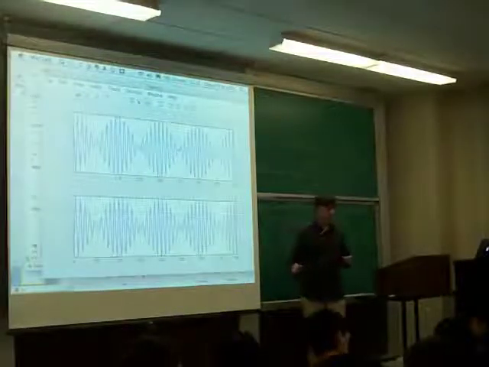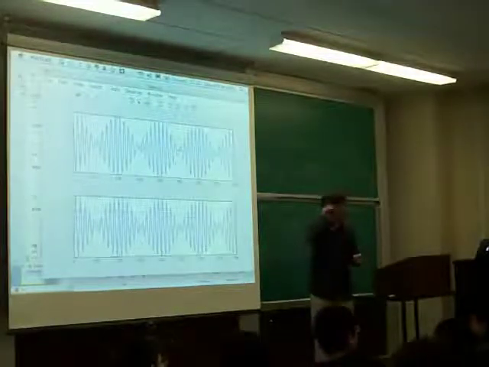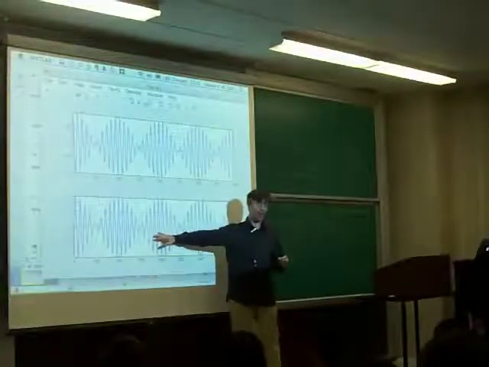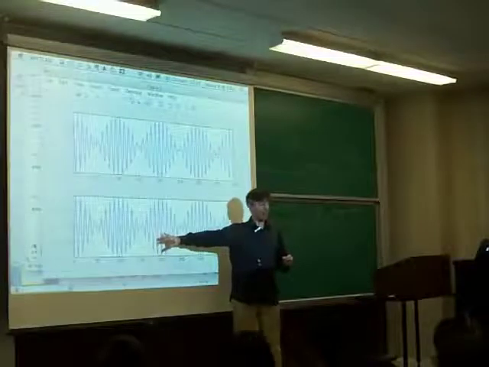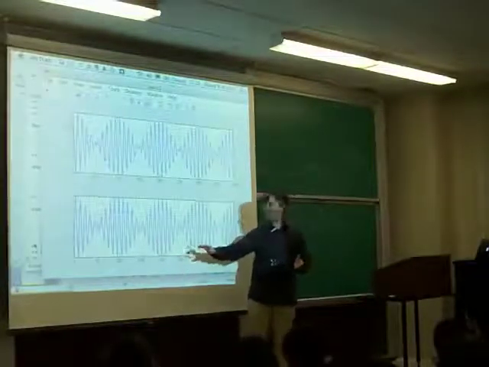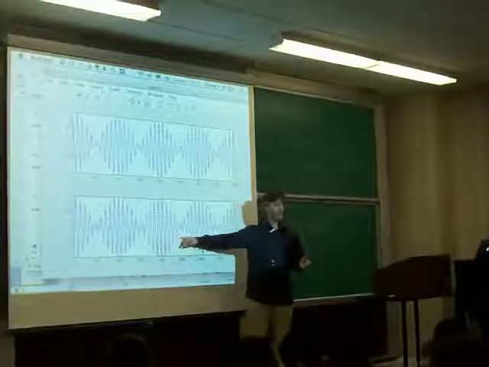I mean, all I'm doing, right, is I just calculated cosine omega m of n times cosine omega c of n, and I added different phase shifts to each one. But the idea is just so that you can visualize the different phase shifts.